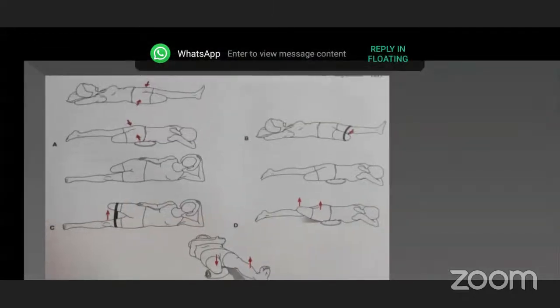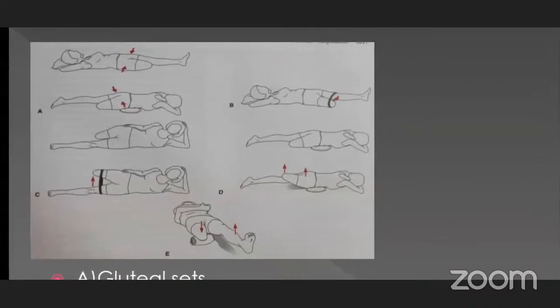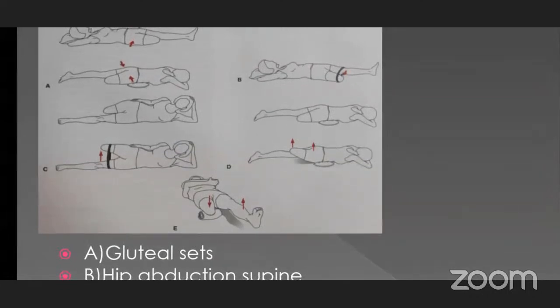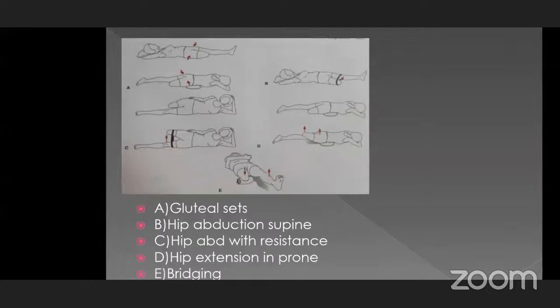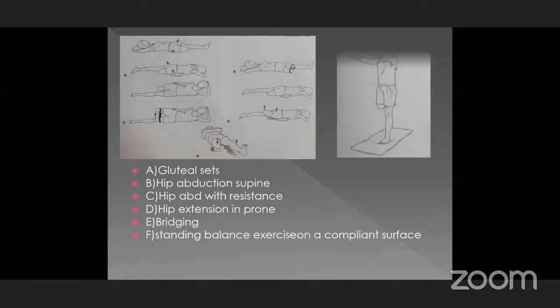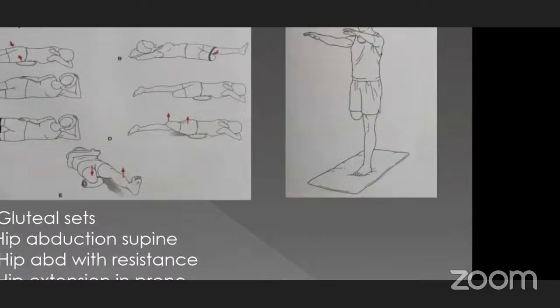That's why we do the same exercises in supine lying and also in side lying. Again, the person is doing hip extension in prone lying, and E represents bridging. So transfemoral and transtibial exercises are somewhat the same, but we have to select the exercises based upon the condition of the patient and also the amputation of the patient. Now we'll see standing balance exercises on compliant surfaces.